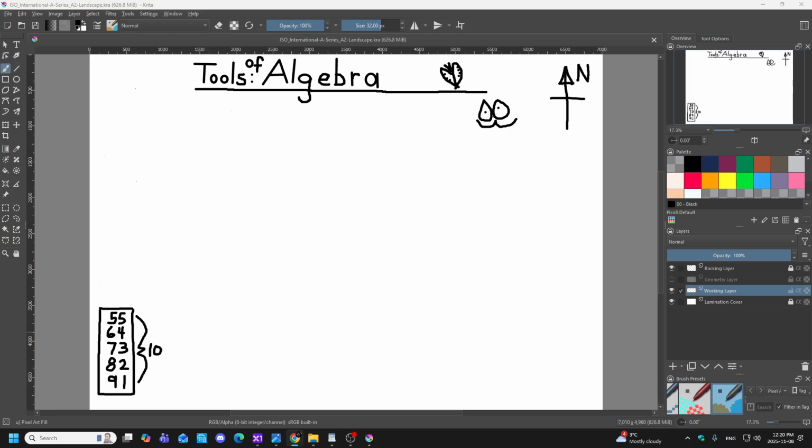The variable you choose can be anything, anywhere between A and Z. That is up to you. You can make and choose whichever variable you like. Let us pick n. n plus 14.